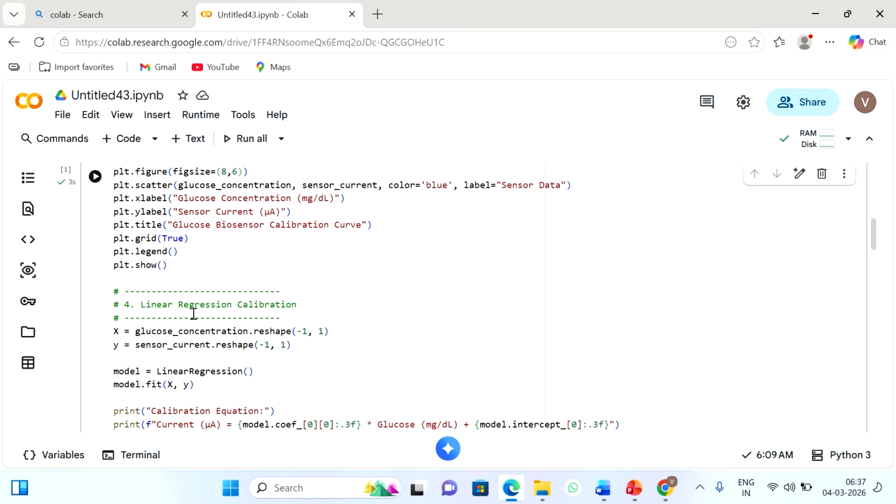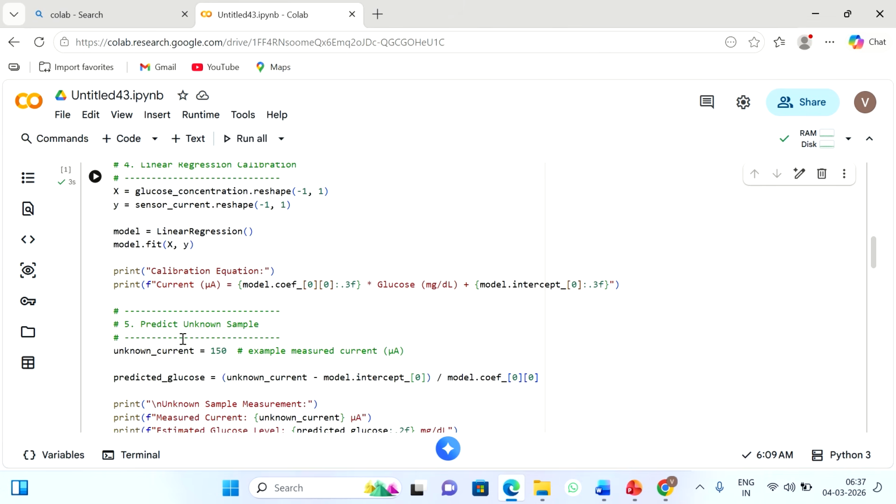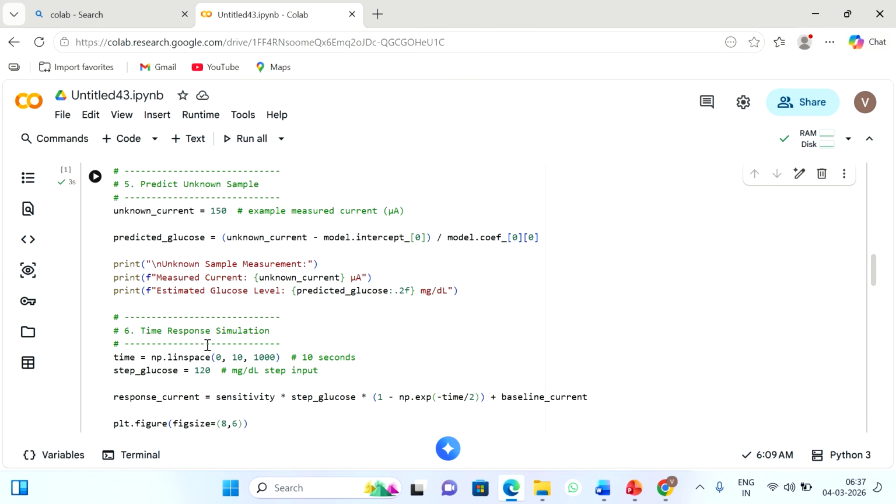Then with linear regression, we are able to find the calibration equation. Then with unknown prediction, we can understand the glucometer working principle. And then the time response will give the dynamic sensor behavior.